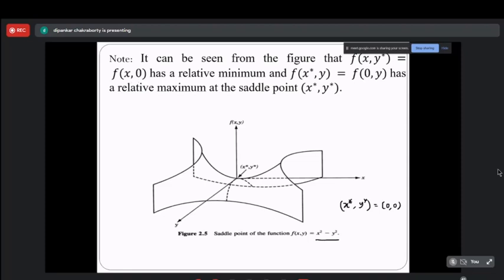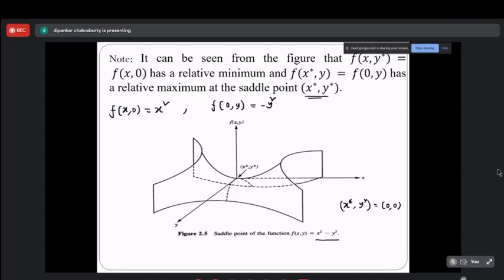So f of x0 I am talking about. What is f of x0? It is x square, right? This f of x, y star, that is x square, has a relative minimum. And similarly, f of x star, y, that is f of 0y, that is minus y square, has a relative maximum at that point x star, y star.